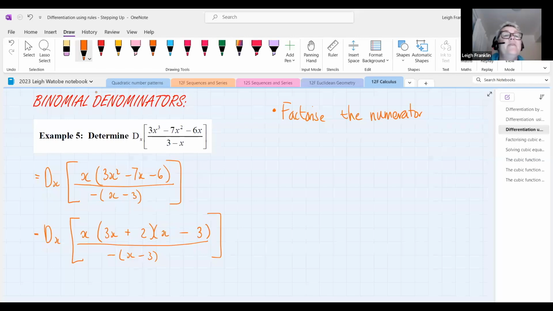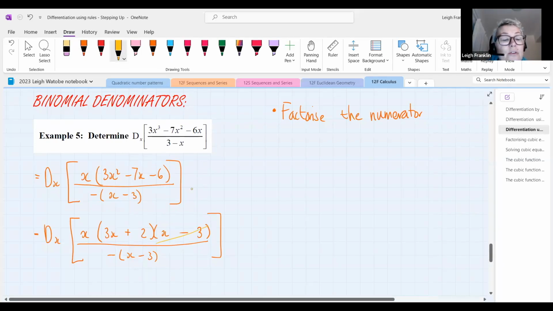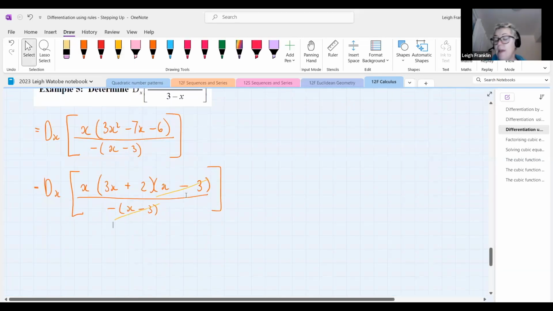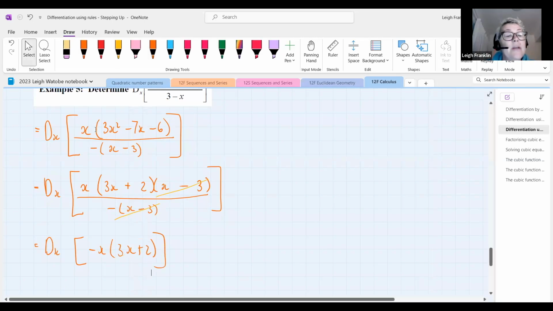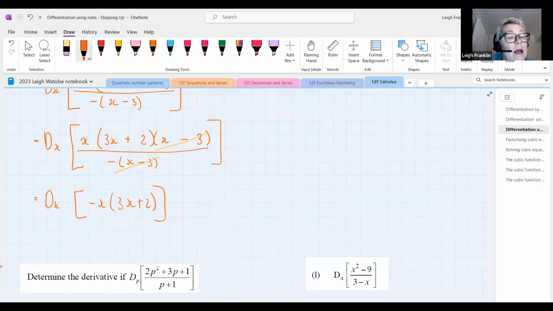Now that I have factorized my trinomial, I can cancel a factor at the top with a factor at the bottom. Don't forget they've got a negative 1 hanging around in the denominator. So that means we're going to end up with negative x, and then here I've got 3x plus 2. Now I'm just going to get rid of those brackets quickly, and then I can find my derivative.